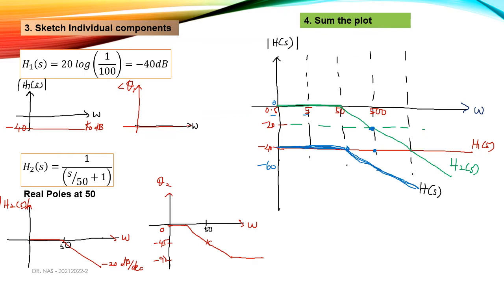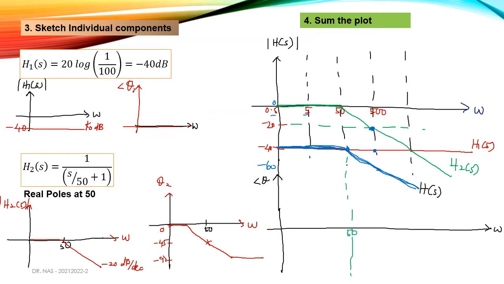So now for the phase plot, you have 0 here. It's omega, so this is for theta. You have 0 for the constant, and then you have only one line for the pole at 50. Here use the same line, it will be much easier.